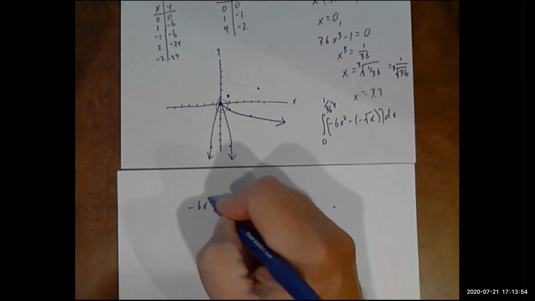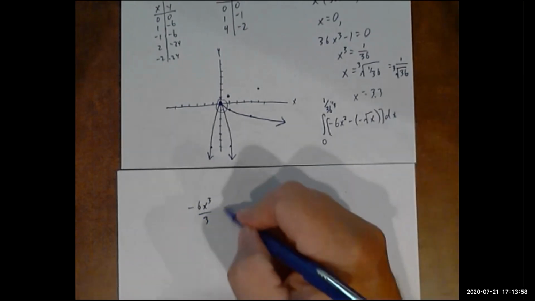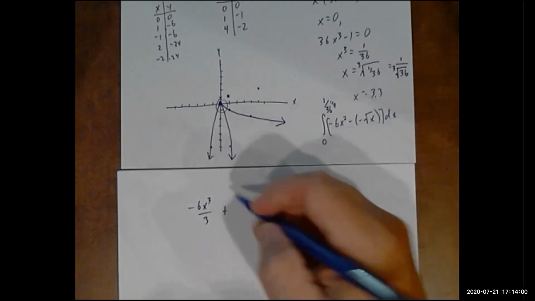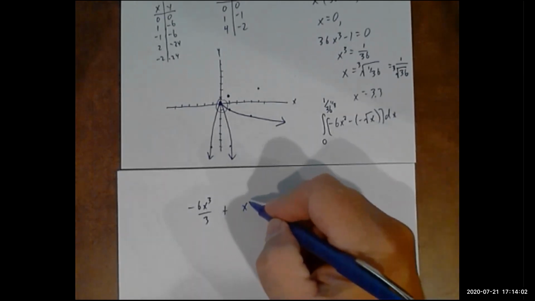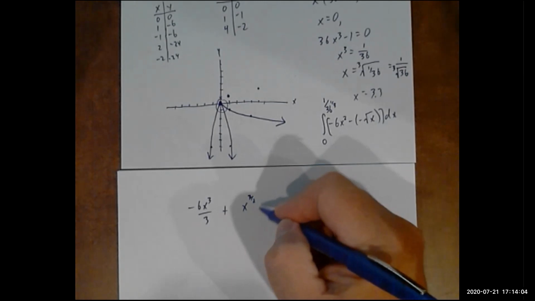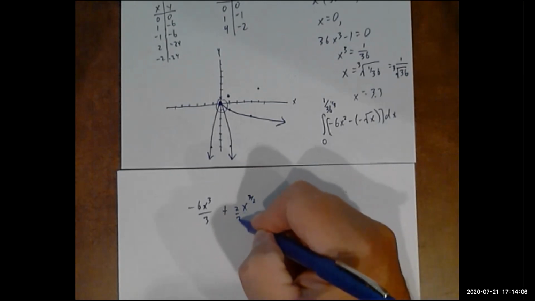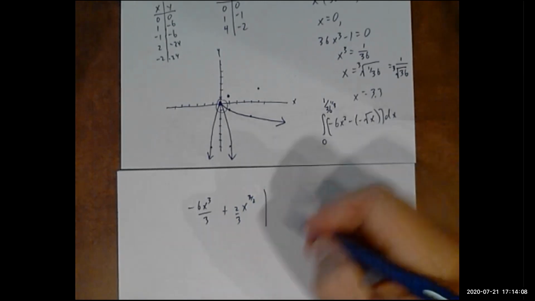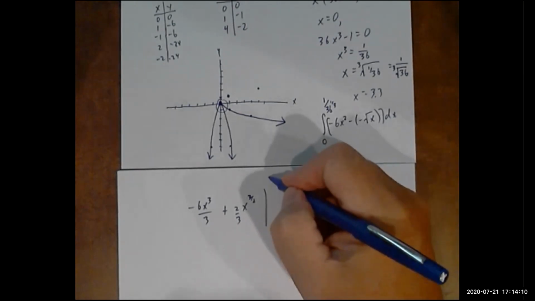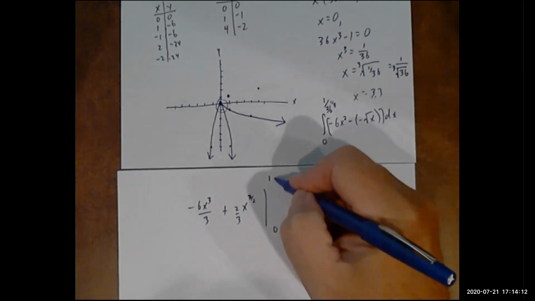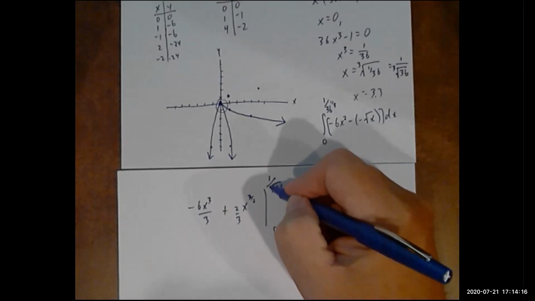So when I integrate it, it's going to be negative 6x to the third over 3 plus, this is x to the 3 halves over 3 halves, which is 2/3. And we're going from 0 to this crazy, I'll write it as cube root of 36.